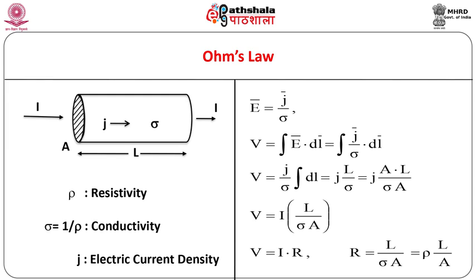Due to this motion of electrons, there arises an average current density J proportional to the strength of the electric field E, which is expressible as J is equal to sigma E, where sigma is the property known as electrical conductivity of the material.